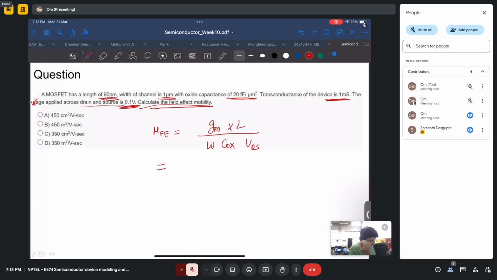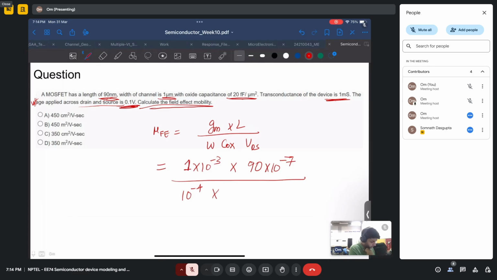Gm is in millisiemen. L is 90. I'll write everything in centimeter: 19 to 10 to the minus 7. W is 1 micrometer, that is 10 to the minus 4 centimeter.